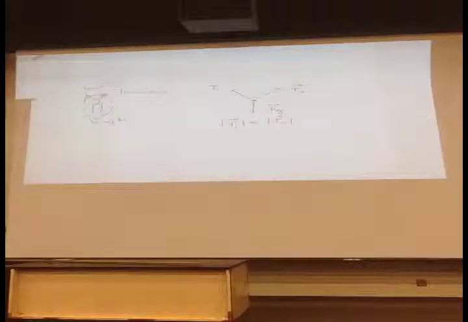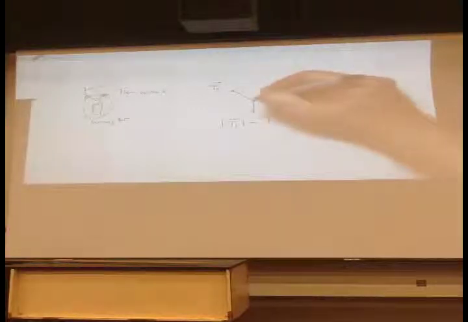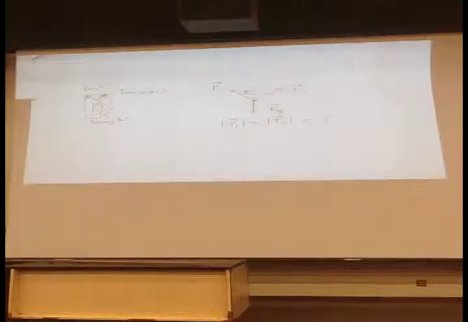Not T1 and T2 as vectors, of course, because they are in different directions, but the magnitude. So we can call that just T. So let's call this angle theta here, and let's use Newton.